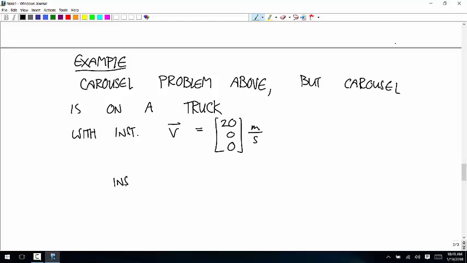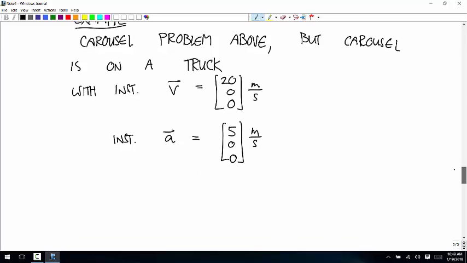And an instantaneous acceleration, so say the truck is speeding up, so 5, 0, 0. Now we want to know what's the velocity of the kid to an observer on the ground, and what's the acceleration of the kid to an observer on the ground.